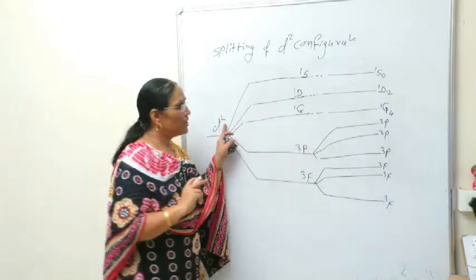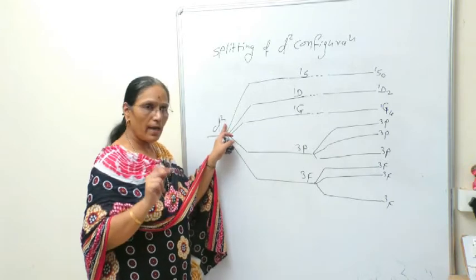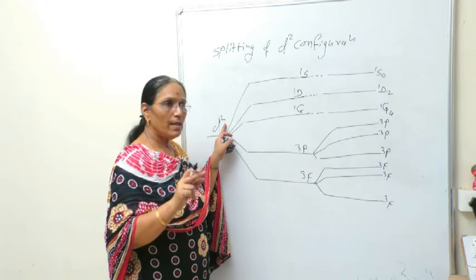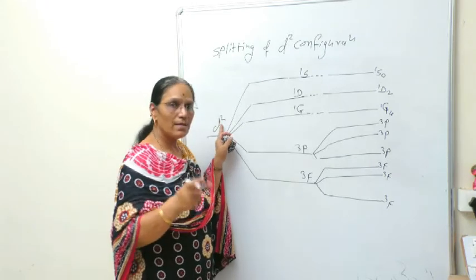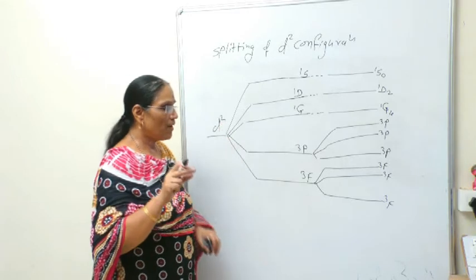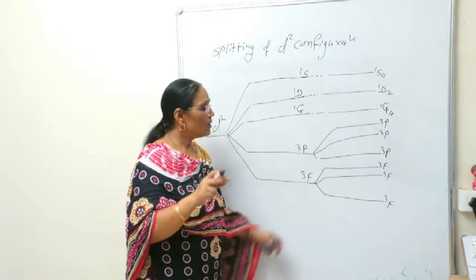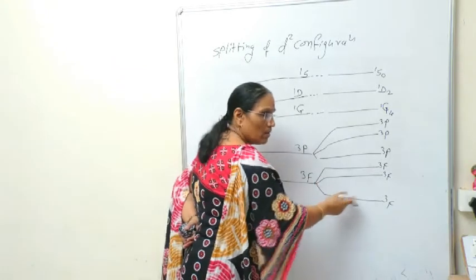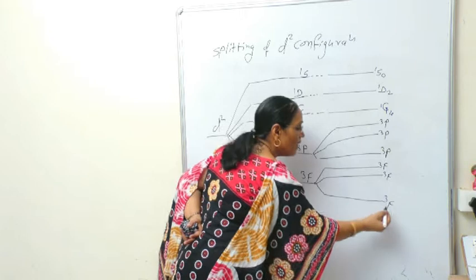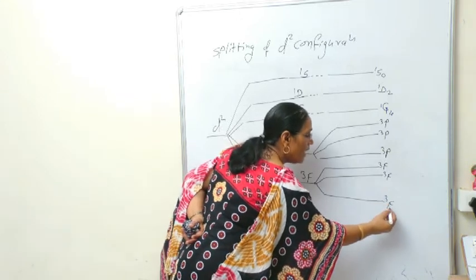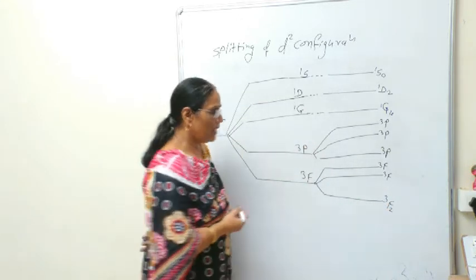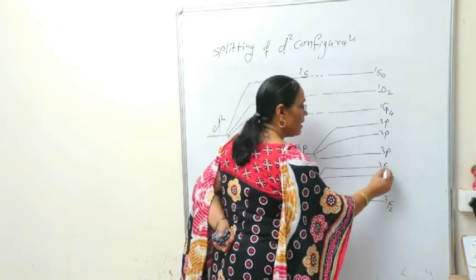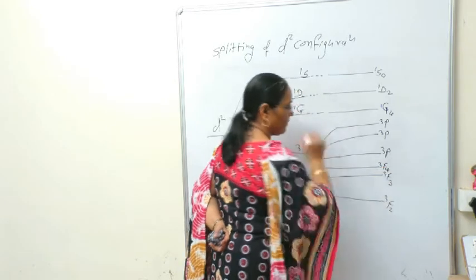As this d2 configuration is less than half full, we have to follow the 3A rule, that is, when the shell is less than half full, the ground state has the lowest J value. Therefore, the ground energy level will have the lowest J value of 2. Therefore, triplet F2 will be at ground state, followed by triplet F3 and the highest J value, triplet F4.